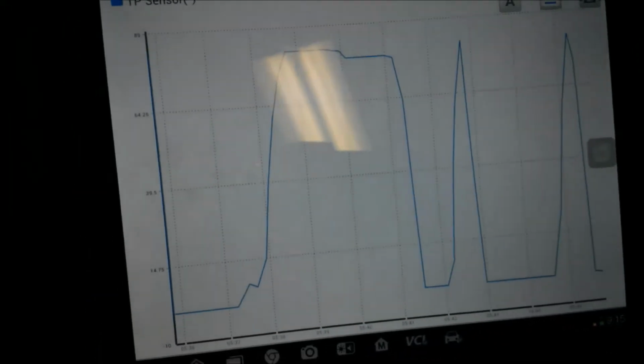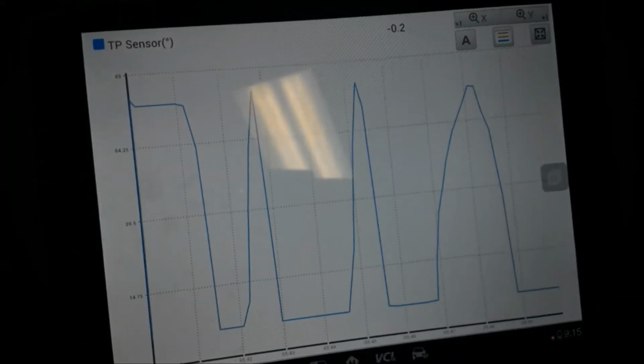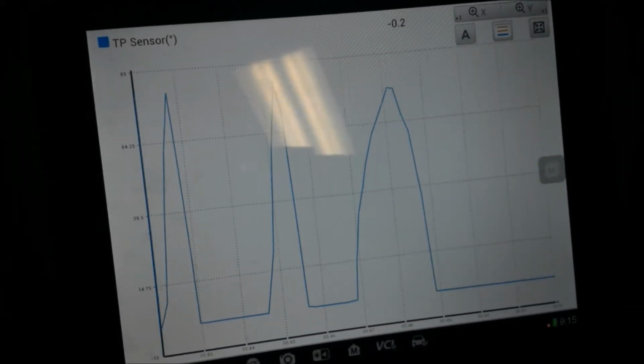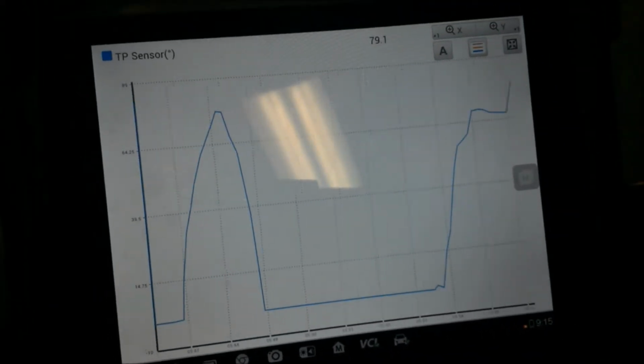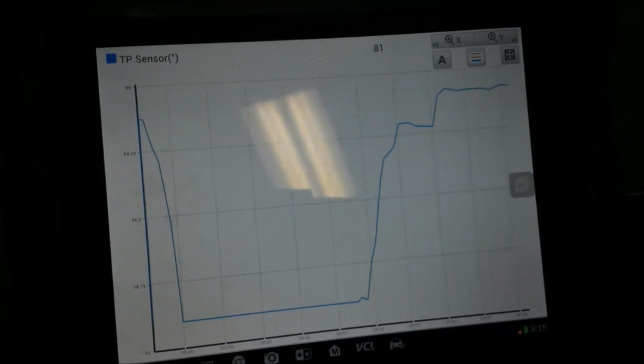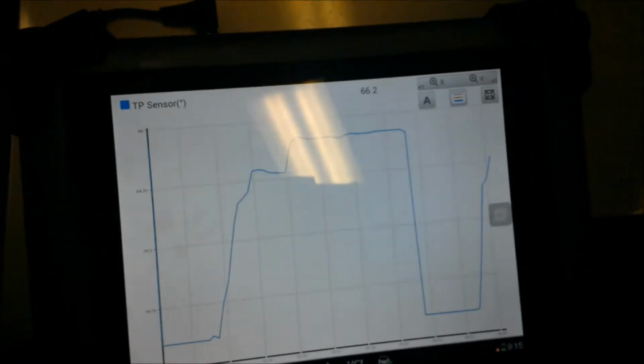So again, you've got your held open and then your snaps right there. This helps in trying to diagnose a bad sensor. That way you get your live data through this scope right here.